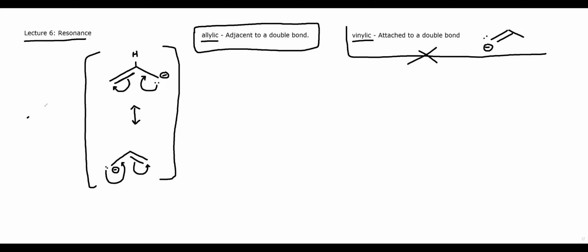And again, you could see the less popular, but sometimes seen notation where you have a negative and then just a bunch of dots across those 3 carbons where that negative charge and double bond could be. Okay, but typically you'll see a structure on the right, and you just have to be aware of the fact that you have resonance. That negative charge could be on the left, that negative charge could be on the right. Same with the double bond. Okay.